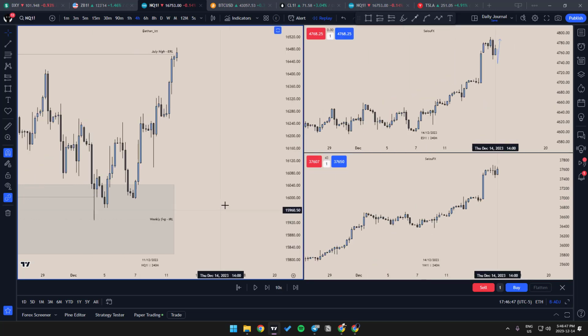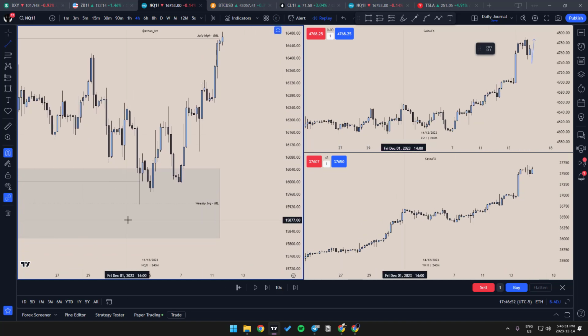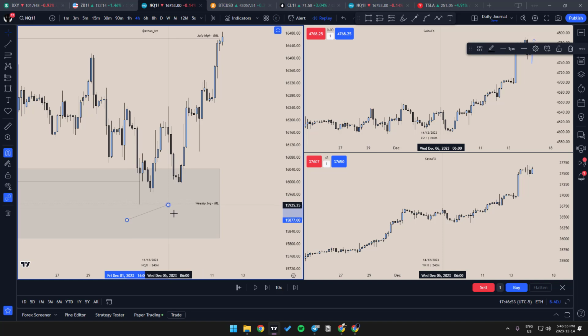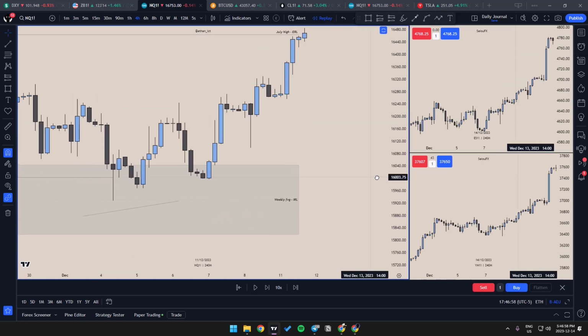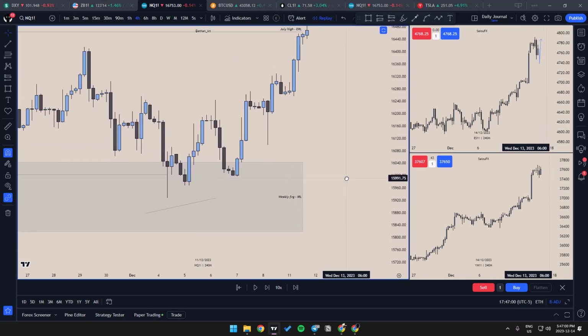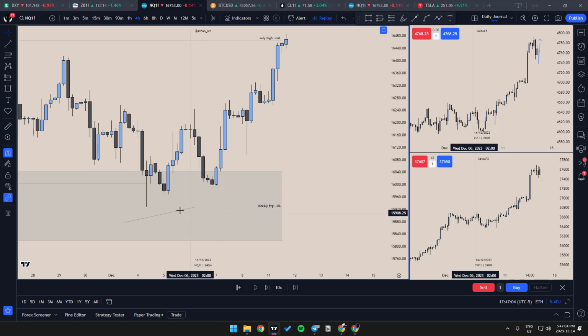So let's look. At this low, we had SMT divergence with YM right here. Let me annotate that for you.